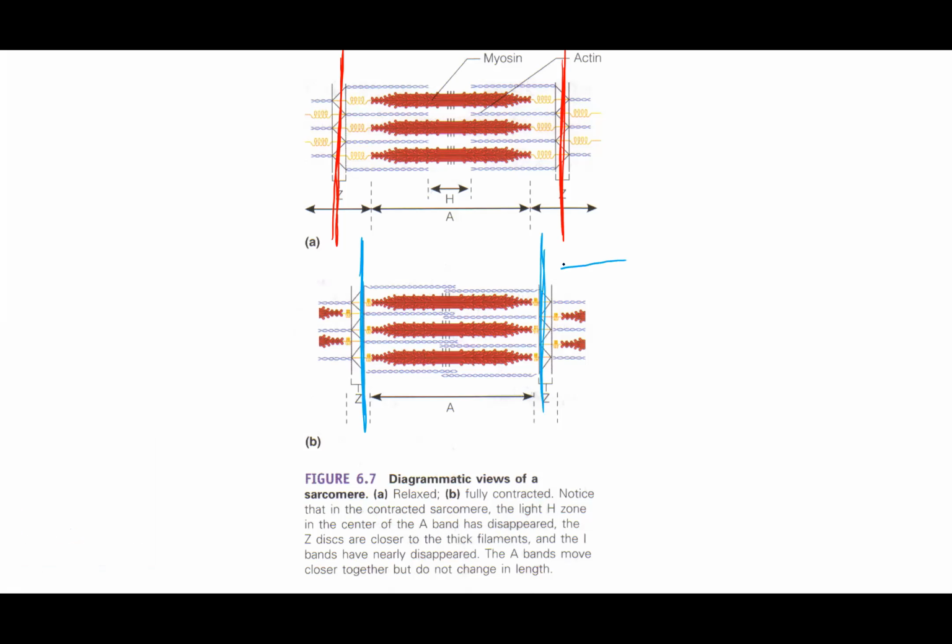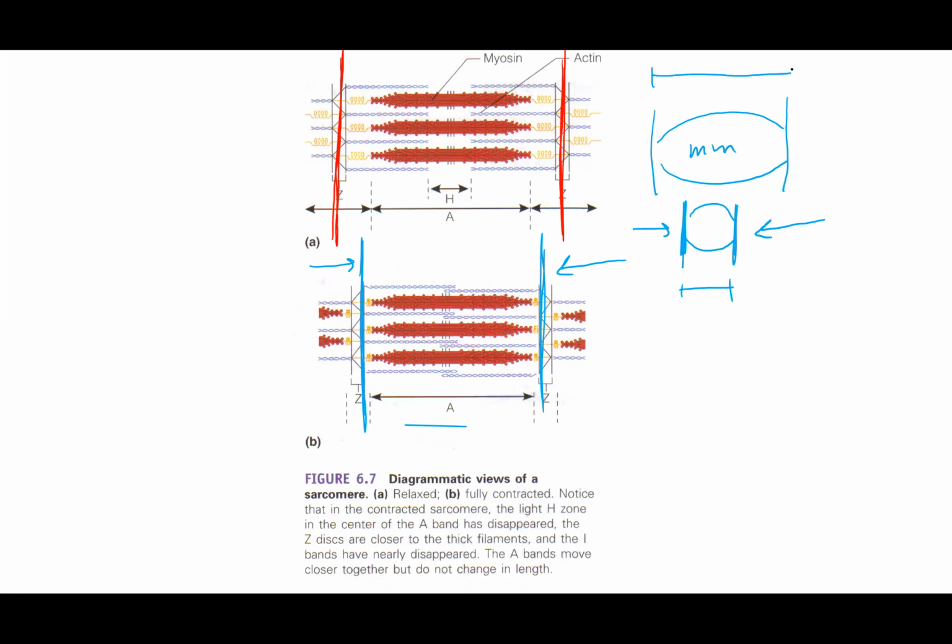It moved in. Remember, when a skeletal muscle contracts, there's the muscle. When it contracts, they get shorter, right? So the muscle gets shorter, and you can see the boundary there versus the boundary there.